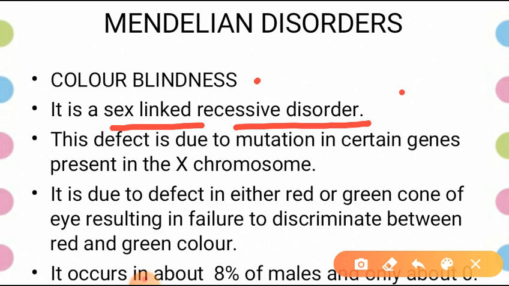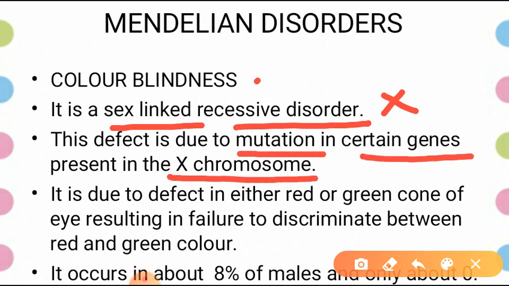Sex-linked means what? It is an X-linked disorder. The X chromosome has the gene for this disorder. The defect is due to mutation in certain genes present in which chromosome? X chromosome. That is why it is called an X-linked or sex-linked disorder.